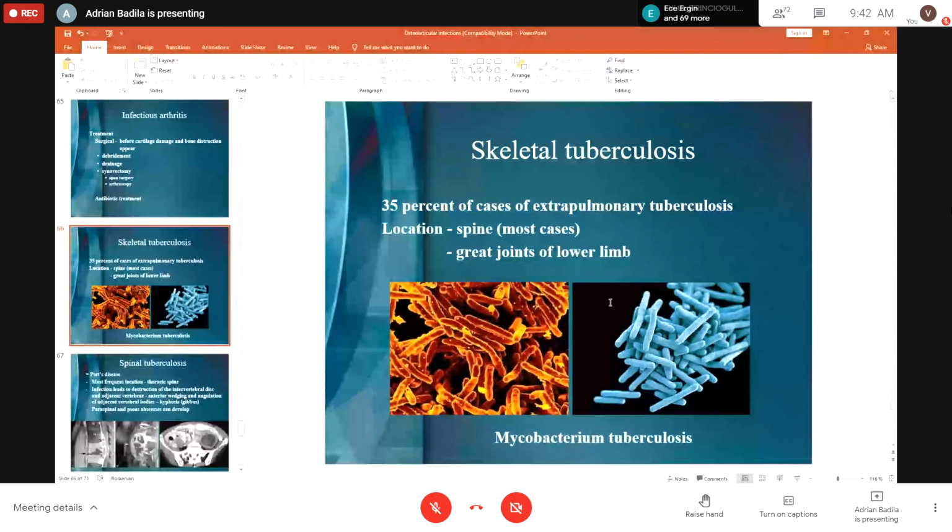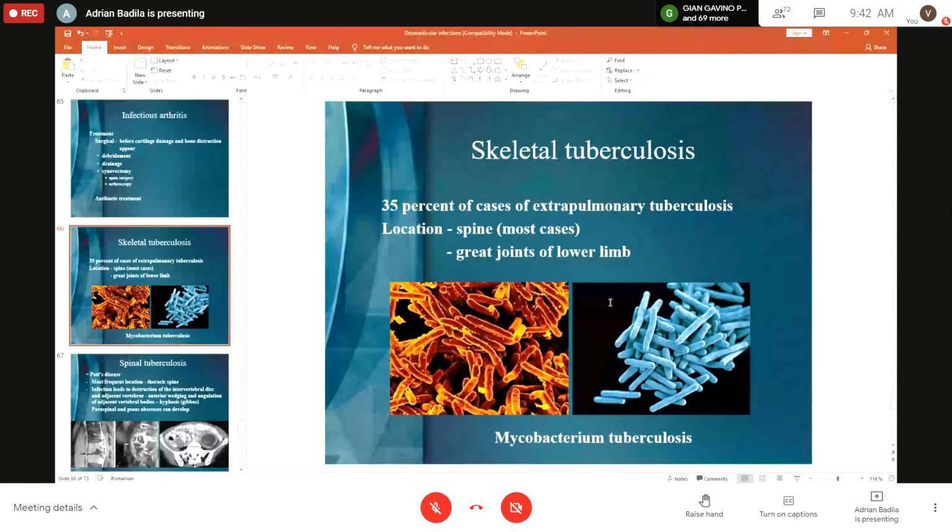Our last topic for today is skeletal tuberculosis. The skeletal tuberculosis, the osteoarticular tuberculosis, represents around 30% of cases of extrapulmonary tuberculosis. The location is at the level of the spine in most cases, but it can affect also the great joints of the lower limb, usually the knee, but also the hip and the ankle.